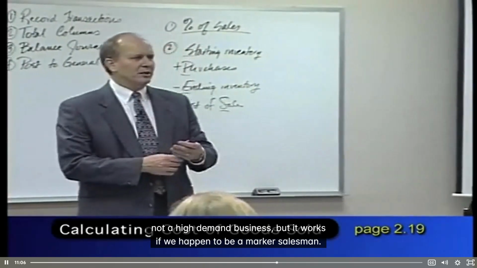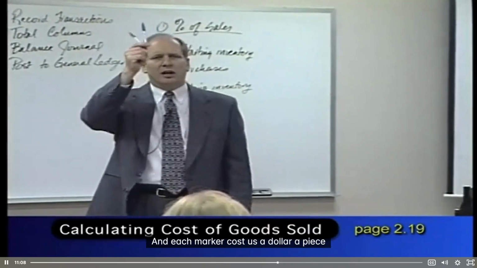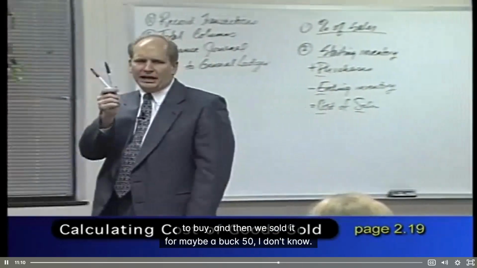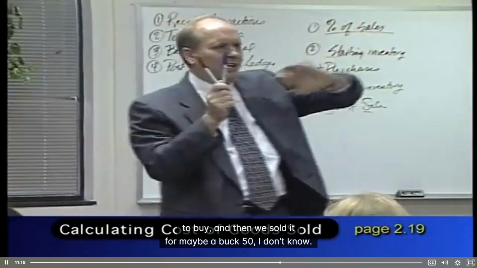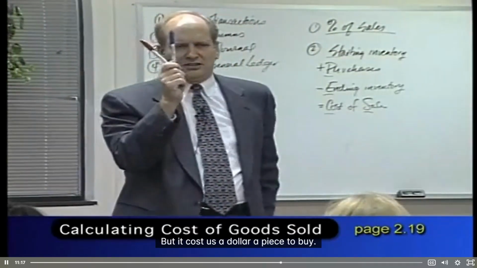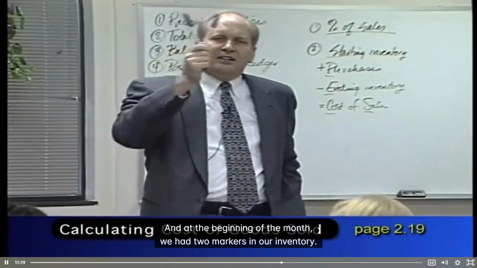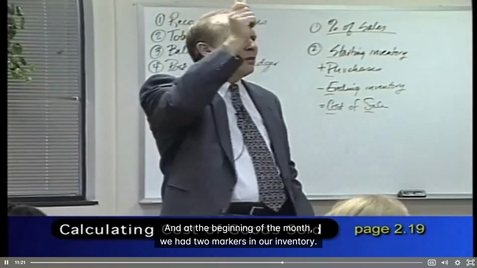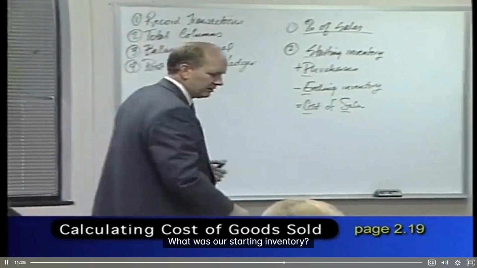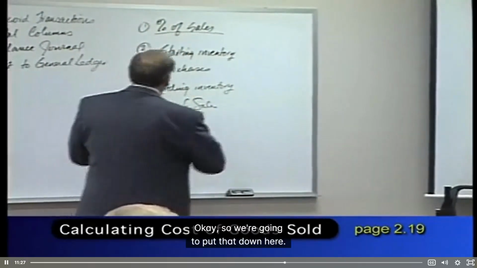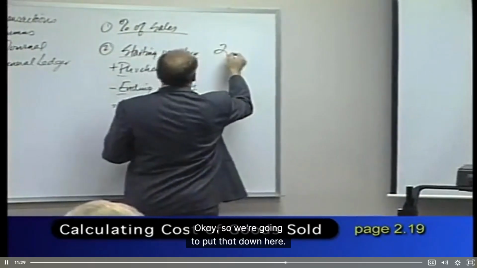If we happen to be a marker salesman and each marker cost us $1 a piece to buy, and then we sold it for maybe $1.50, I don't know, okay? But it cost us $1 a piece to buy. And at the beginning of the month, we had 2 markers in our inventory. What was our starting inventory? $2, okay? So we're going to put that down here.